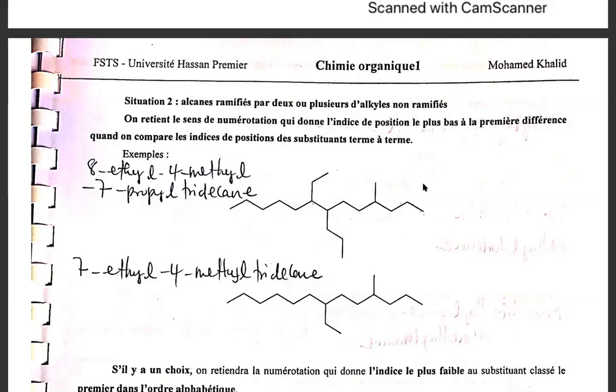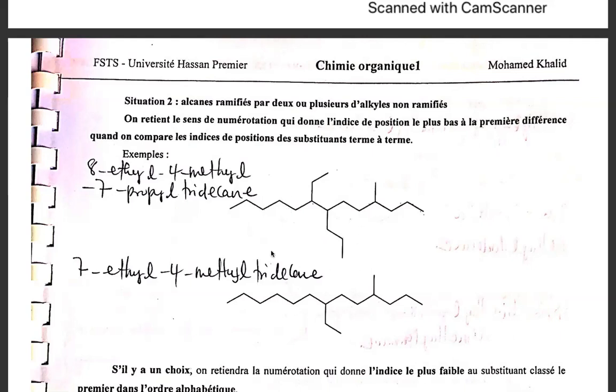Then after E we have M, after M we have P. So at position number 4 we have a methyl, and at position number 7 we have a propyl. Therefore, the nomenclature for this compound will be called 8-ethyl, 4-methyl, 7-propyl, 3-decene.